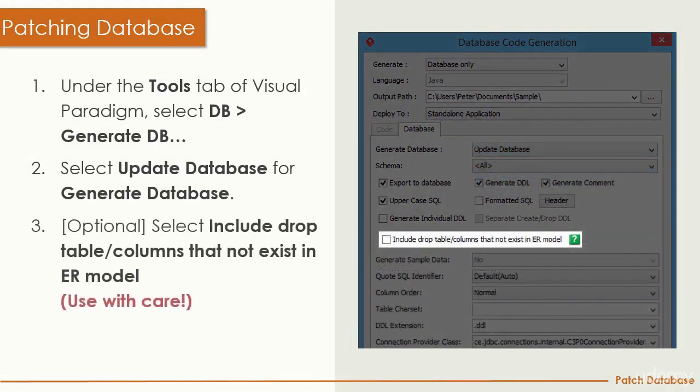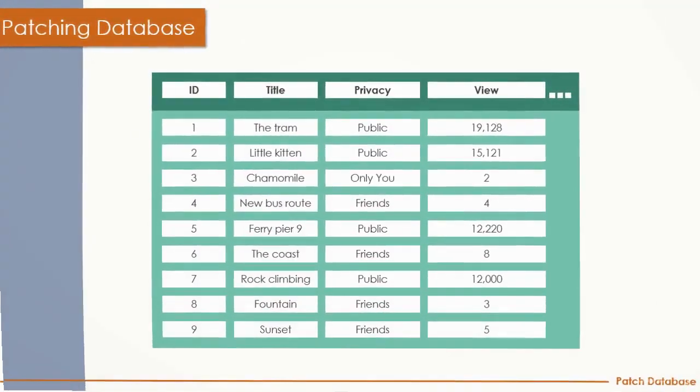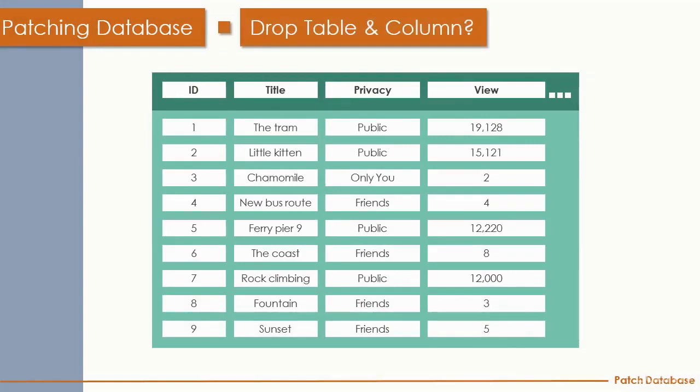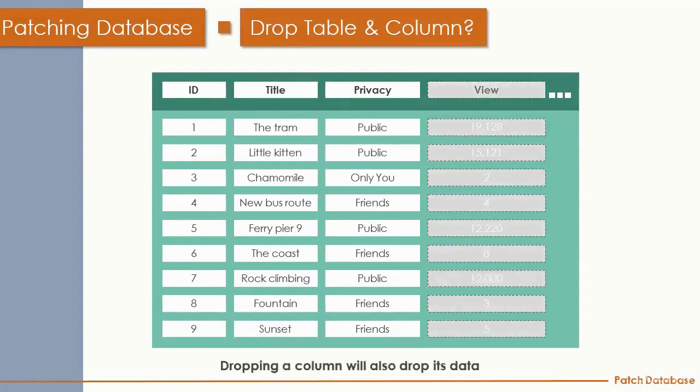There is a very important option I would like to use the rest of this lecture to discuss. There is a checkbox called Include Drop Table Column that does not exist in the ERD model. You need to use it very carefully. Let's talk about the consequence first. If you drop a column, all the data in this column will be removed, deleted permanently.